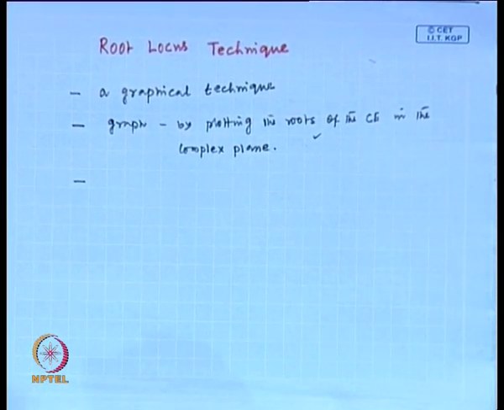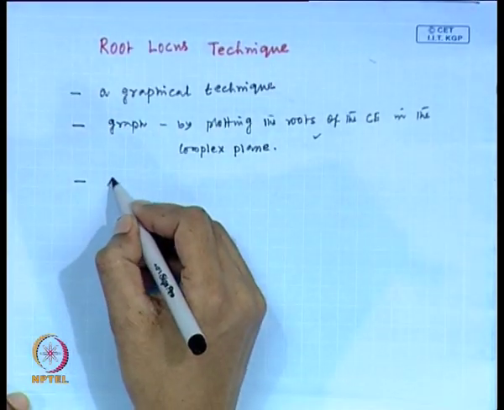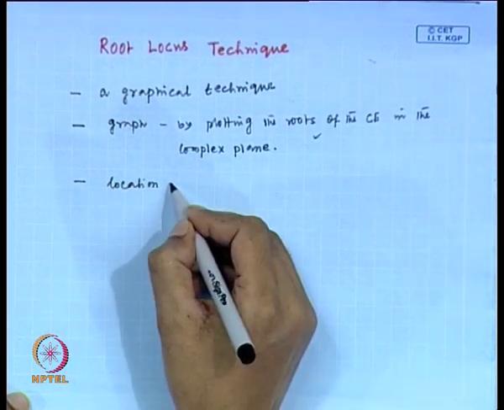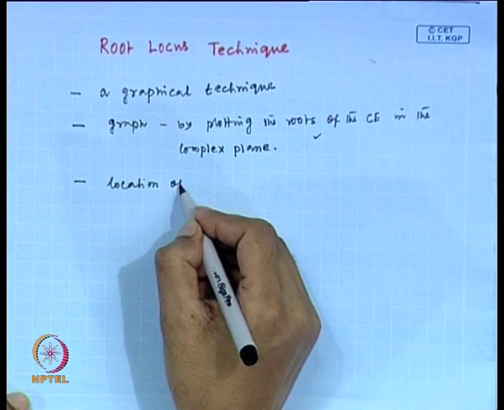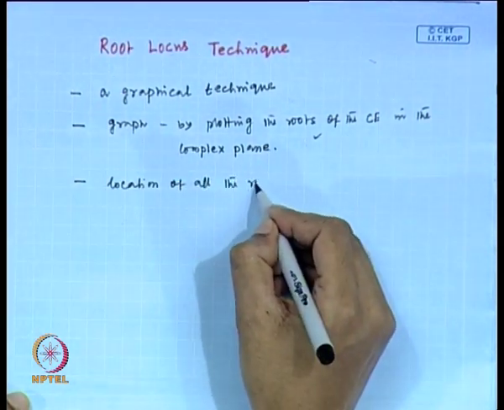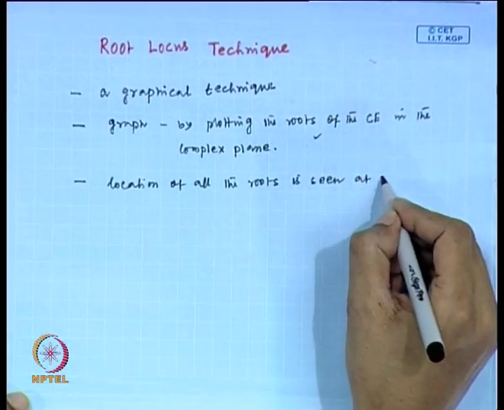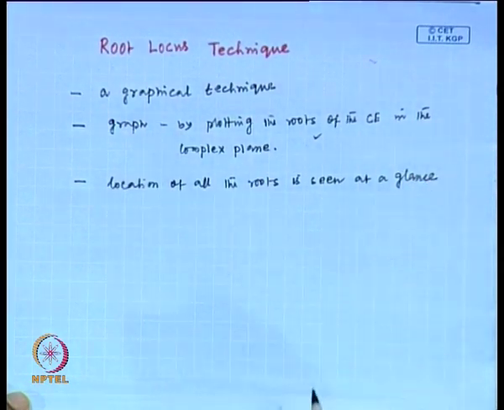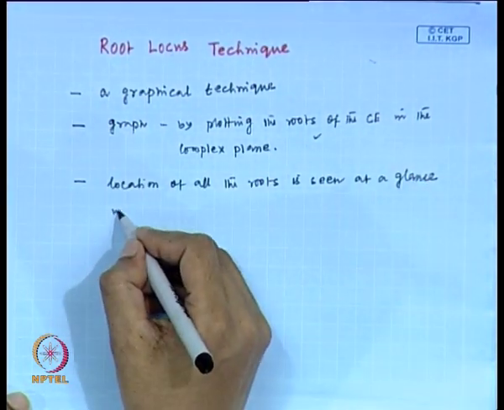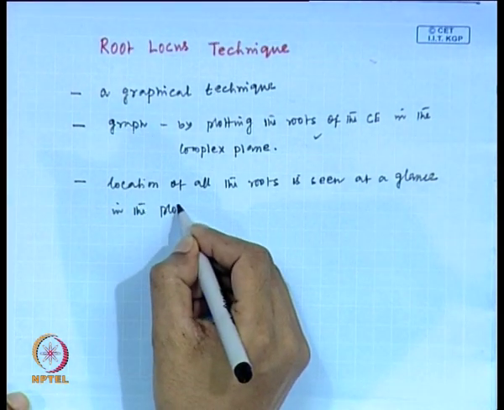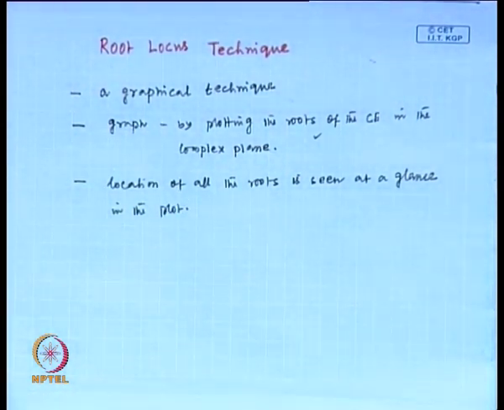The location of all the roots is seen at a glance in the plot, and we can conclude on stability by seeing the overall picture.